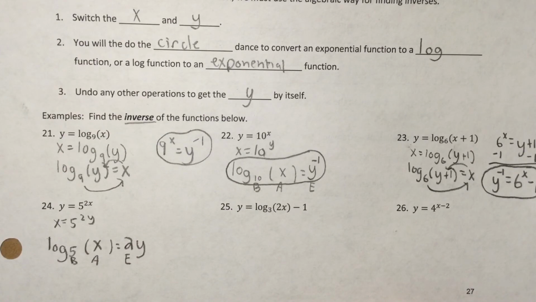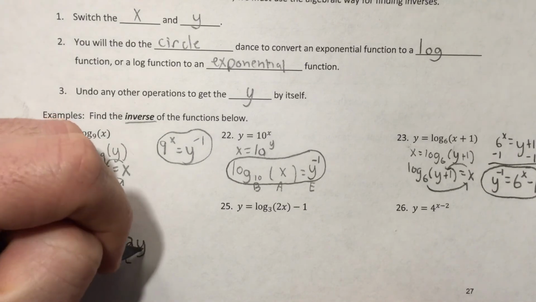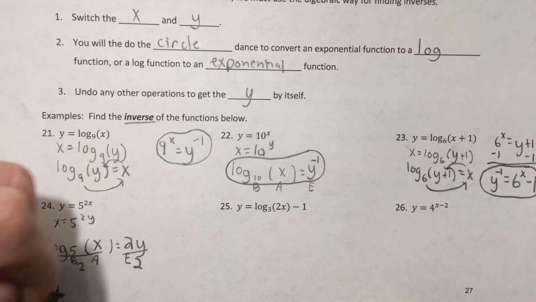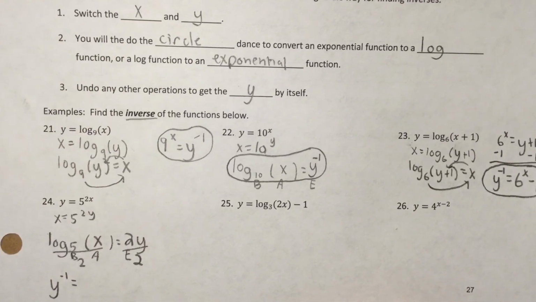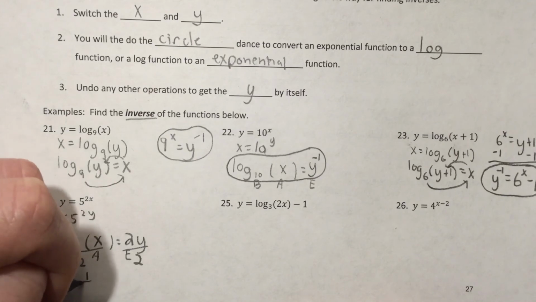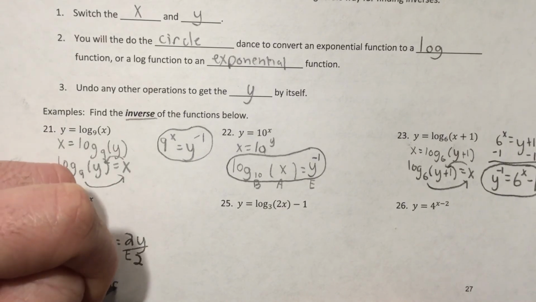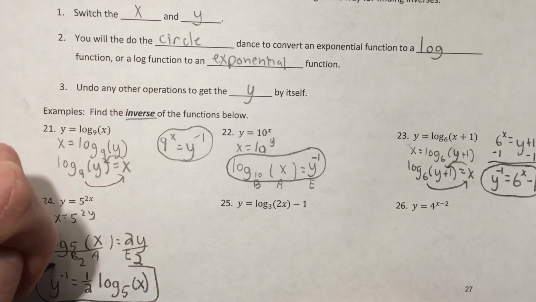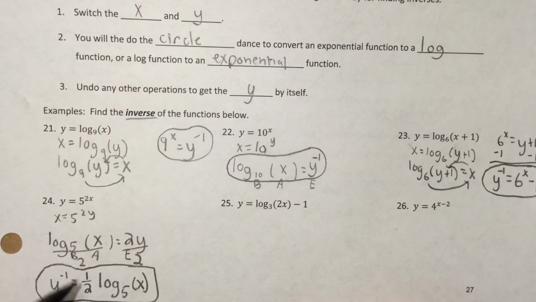Now, the only thing is the y is not totally by itself, so I have to divide by 2. And we'd end up with y inverse, because the y would now be by itself. Probably the best way to write this is 1/2 log base 5 of x. If you had log base 5 of x all divided by 2, that's fine. But it's just more traditional, if it's division, to put a fraction out in front.